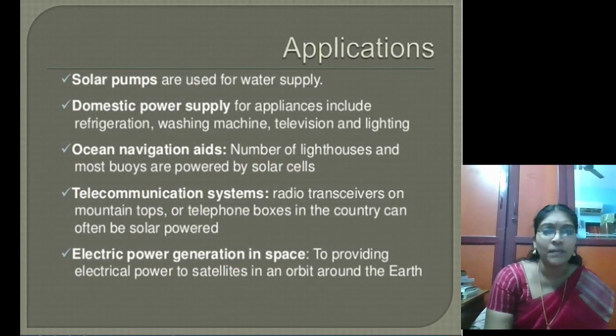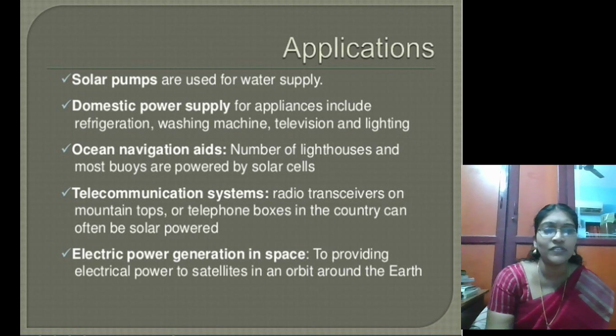Here are also some of the major applications I have listed. Solar pumps are used for water supply, and domestic power supply for refrigeration, washing machines, television, and lighting purposes. And ocean navigation aid.